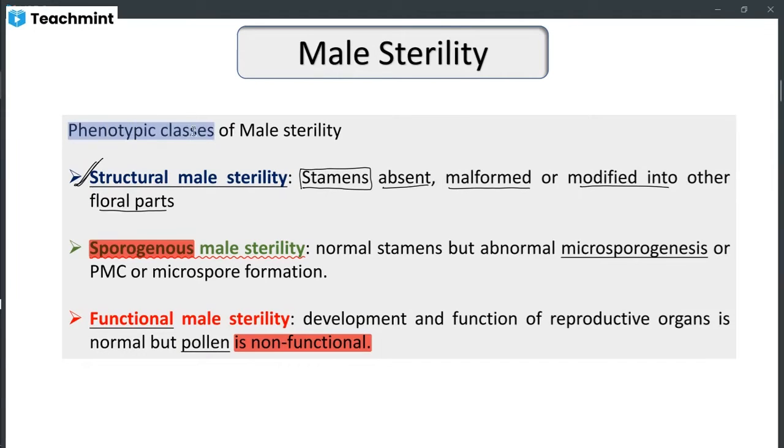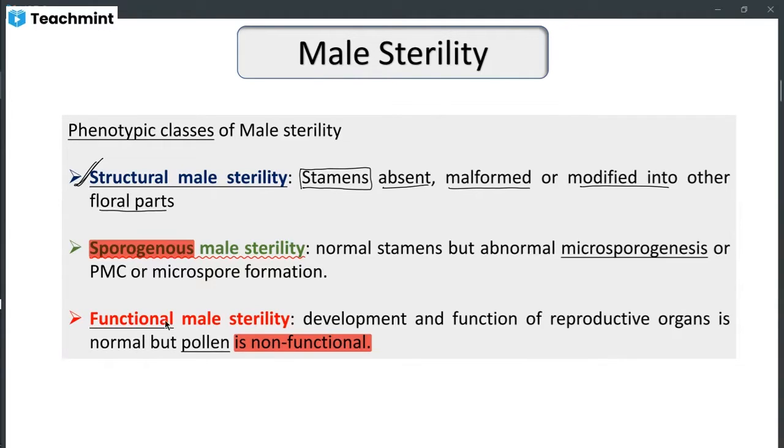So based upon the phenotypic classes, male sterility is divided into three types: structural, sporogenous, and functional. In structural male sterility, the structure of the male reproductive organ is either absent or malformed, or it has been modified into another part. Whereas in sporogenous, the stamens are normal, but the microsporogenesis, pollen mother cell or microspore is abnormal.